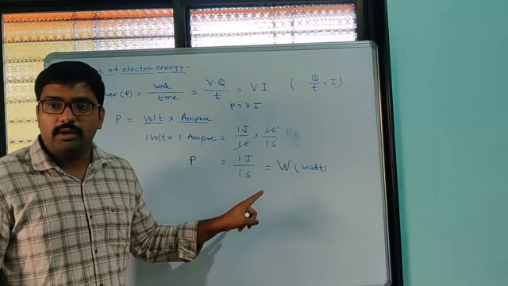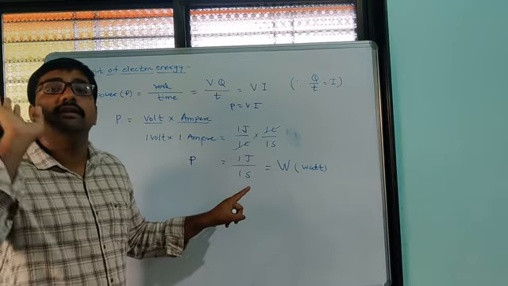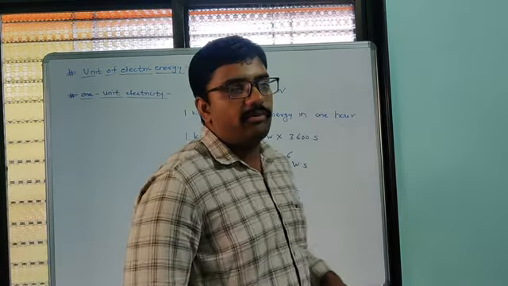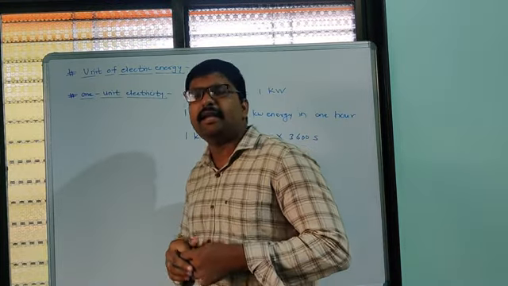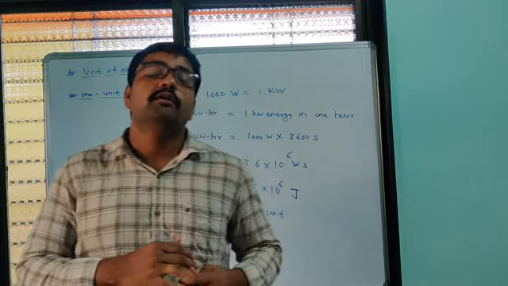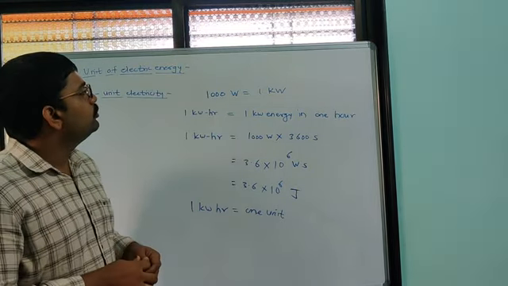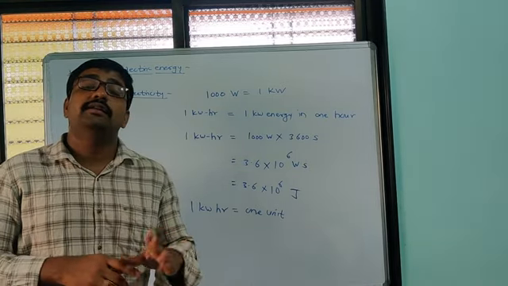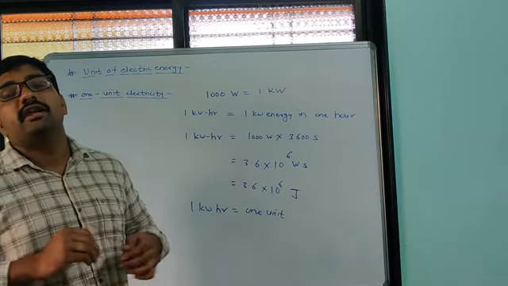Now we have to see what actually 1 unit of electricity is. So the next topic is 1 unit of electricity. This word we generally use for our day-to-day use of electricity. We know the unit of electric power is watt, but I already told you this watt is a very small unit for conventional use.